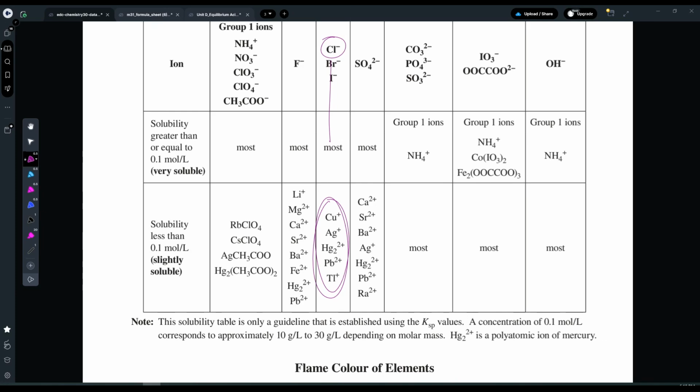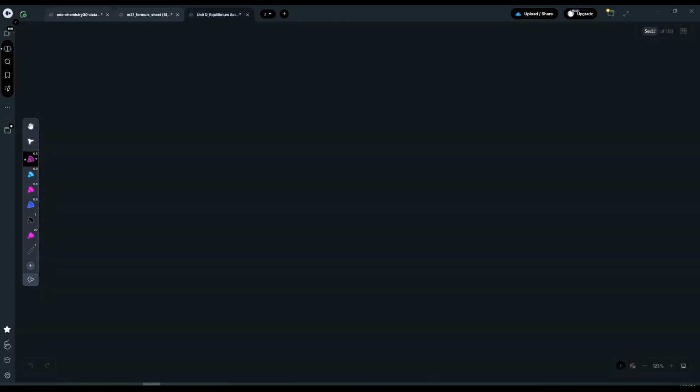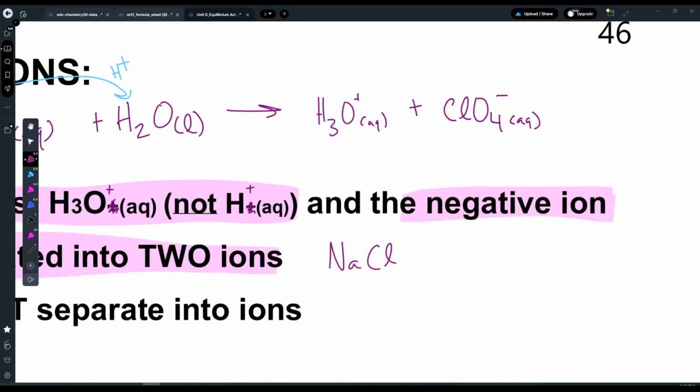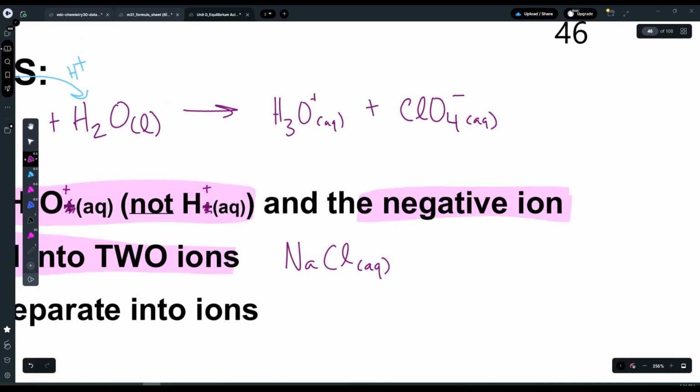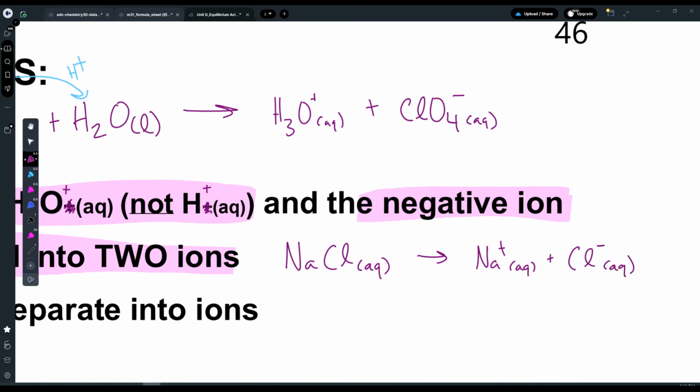Since I don't see sodium in the last row, that means it fits under most, so it is very soluble in water. If a substance is very soluble in water, then it's going to break apart into its ions. So sodium chloride aqueous breaks apart into sodium ions and chloride ions. Whenever you write dissociation equations, you're always going to get only two products, the cations and the anions. If you're breaking it up any further, you're not doing a dissociation reaction correctly.